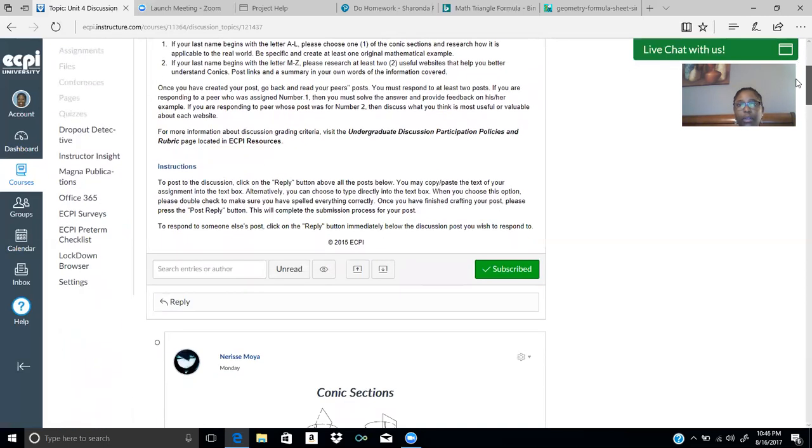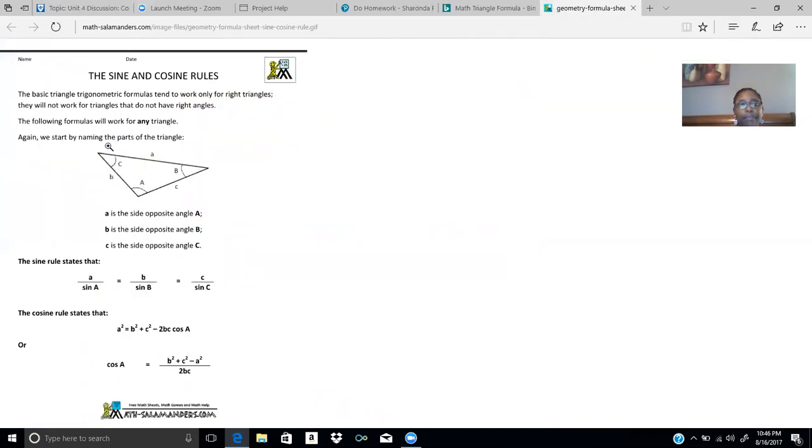Now notice there are some resources. One, you have, again, the sine and cosine rules. They'll be in the Math Excel as you're doing the homework also. If you notice with this triangle here, this triangle is not a right triangle. And again, the thing that they stress is to name the parts of the triangle.